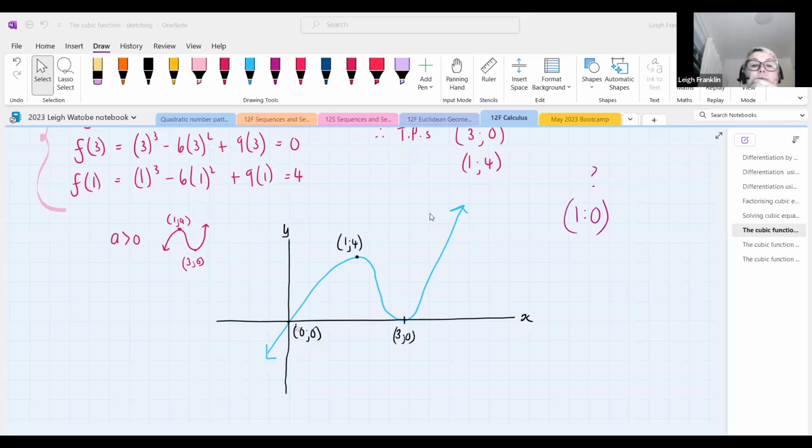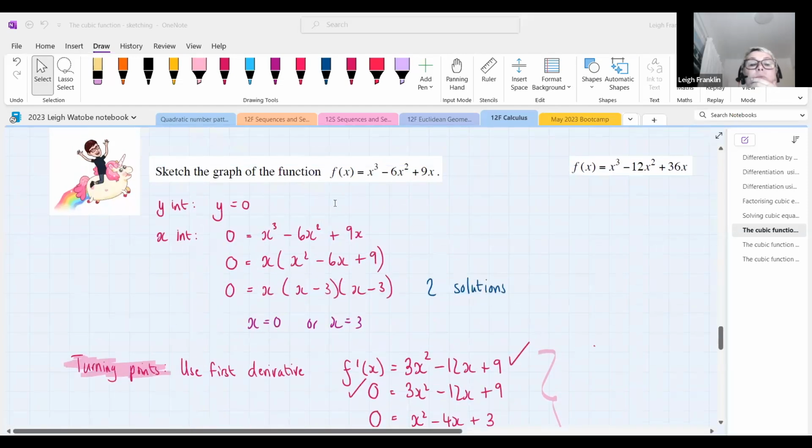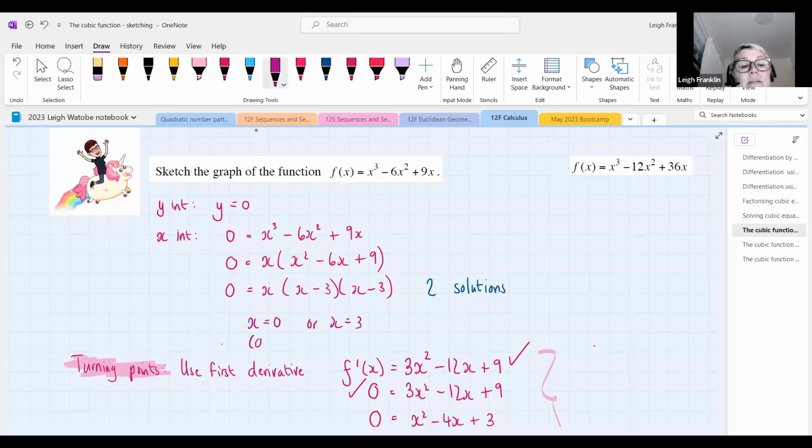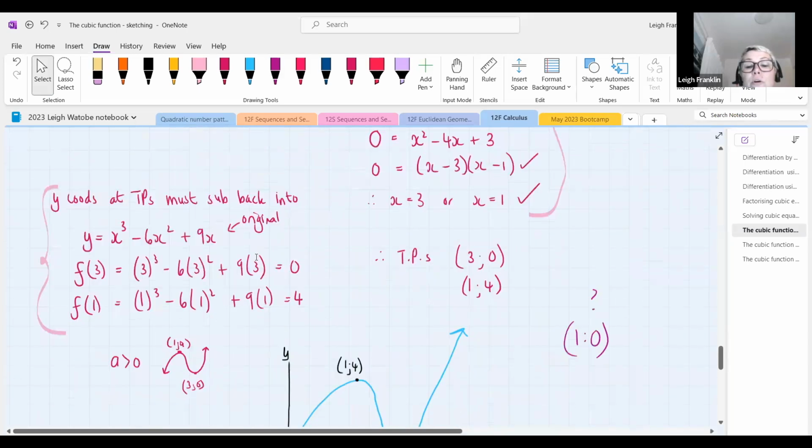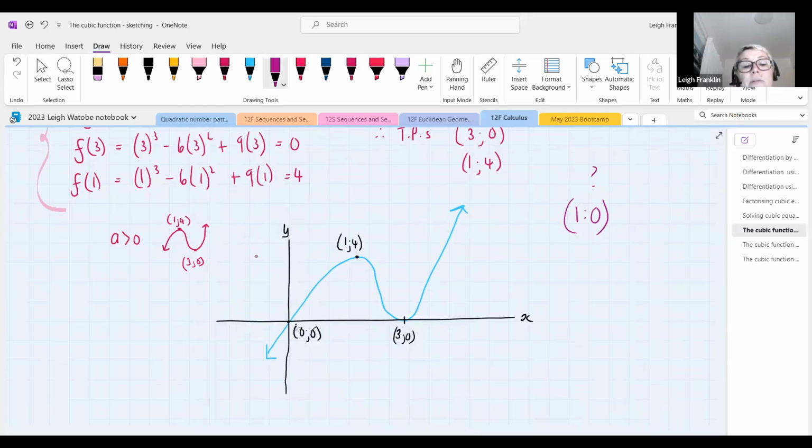The x-intercept. Okay, we didn't find an x-intercept that was 1. Our x-intercepts were 0 or 3. So if our x-intercept is 0, then the coordinates at that x-intercept would be 0 and 0, which would be the origin, or it would be 3 and 0. Which is here. There's 0 and 0, and there's 3 and 0.